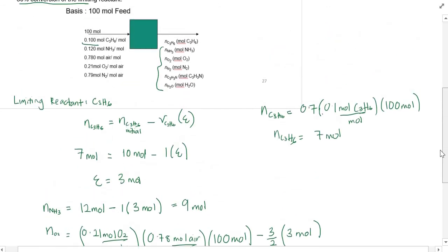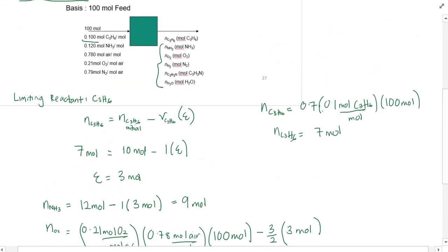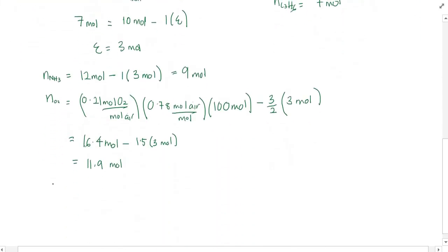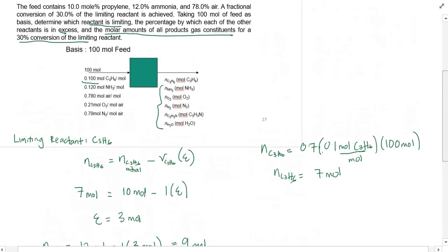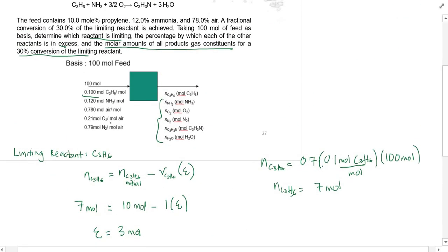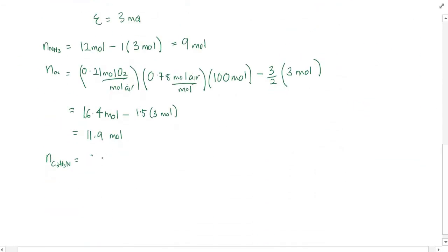Next is acetonitrile. From the question, you don't have acetonitrile at your input, so the first term is 0 because you don't have anything.